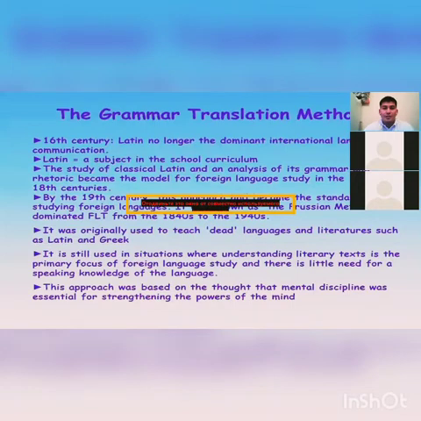So, let's study the history of the development of the grammar translation method. As you know, Latin was very popular before, but in the 16th century Latin was no longer the dominant international language, and it became a subject in the school curriculum. They used to study Latin proverbs, Latin words, Latin grammar, and to translate Latin books.